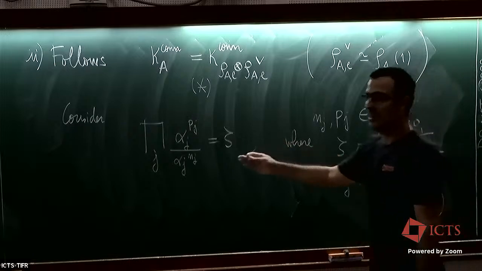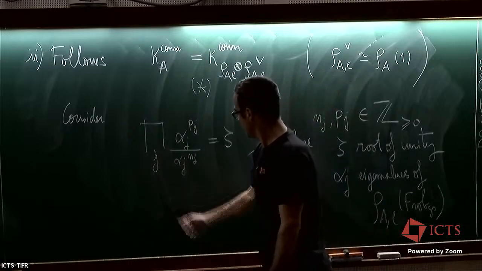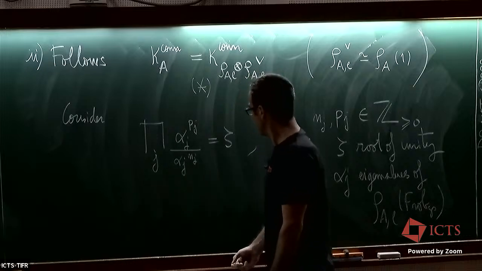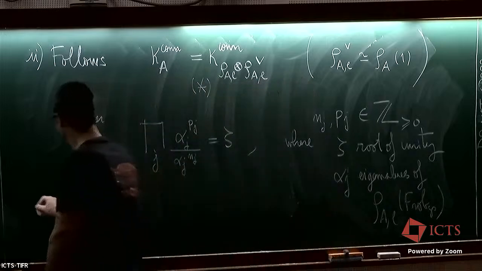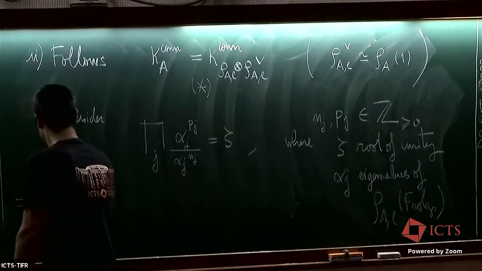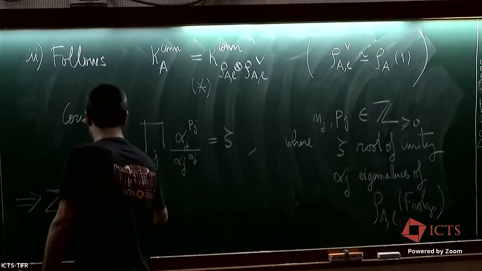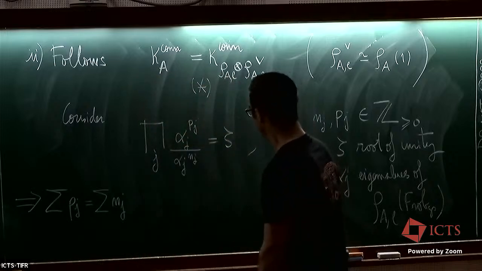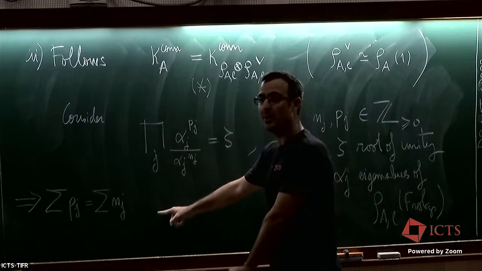And once I have this, now take some embedding of this into C and take the absolute value, because these are real numbers of weight 1. When you do this, what you see is that the sum of the EJs has to equal the sum of the NJs. But this means that you can pair any alpha in the numerator with an alpha in the denominator.